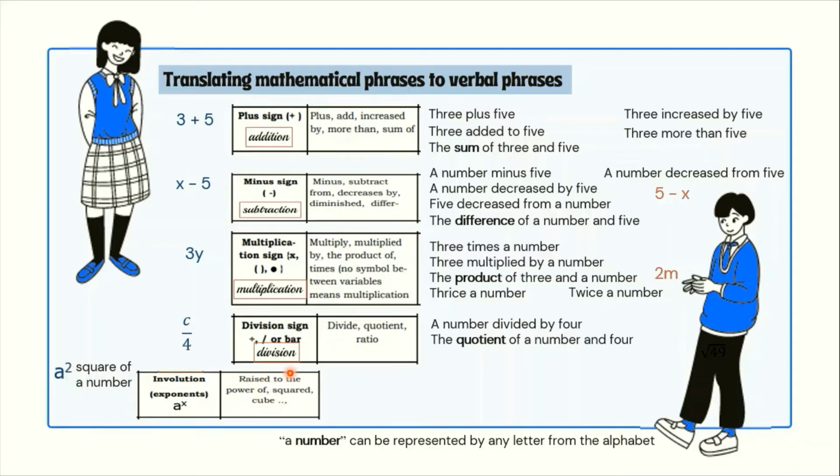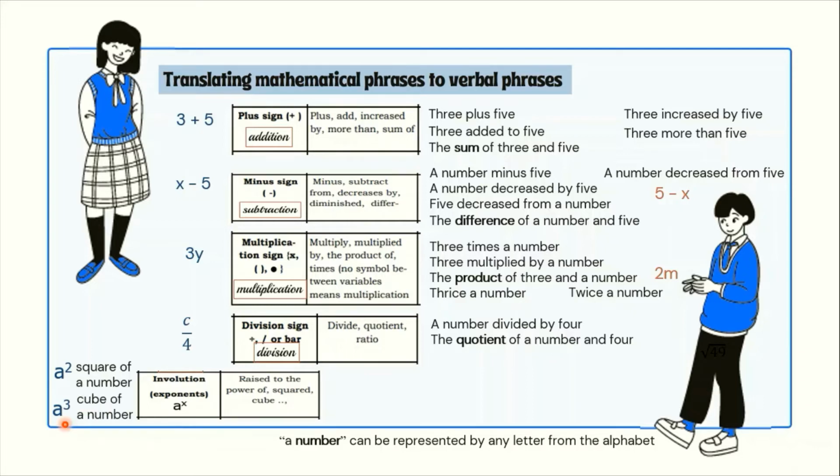Itong raised to the power of ay usually ginagamit natin kapag ang exponent ay 4 and up. Dahil kapag ang exponent ay 2 or 3, meron tayong special terms for them. Kapag 3 naman ang exponent, we can read it as cube. So, this example can be read as a cube.